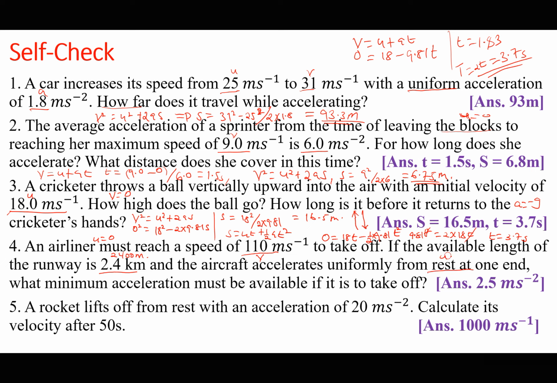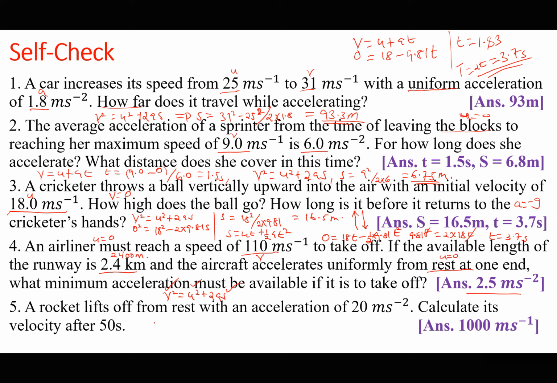Of course, I have already said initial velocity is 0. What minimum acceleration must be available if it is to take off? So you have to use v squared equals u squared plus 2as. We have v as 110, initial velocity as 0, and the displacement as 2,400. You can check and see if that is correct by substitution.